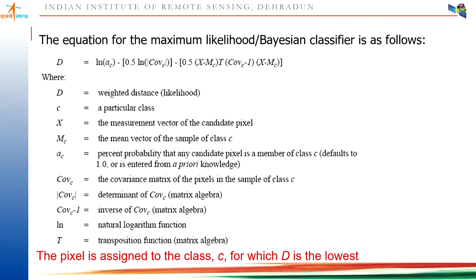The equation for the maximum likelihood or Bayes classifier is given here. The discriminant is the natural log of the percent probability, minus 0.5 natural log of the covariance matrix, minus 0.5 times the transpose of (X minus Mc) multiplied by the inverse of the covariance matrix multiplied by (X minus Mc), that is, the measurement vector minus the mean of the class matrix.